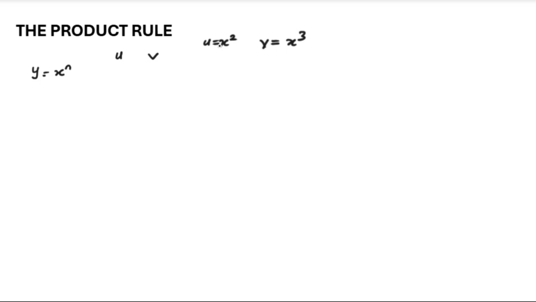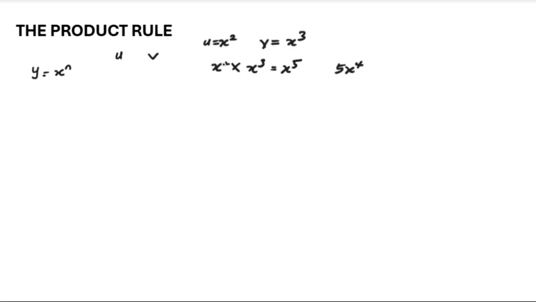So the product of the function u and the function v will give us x squared times x raised to power 3. Because this is a very simple function, x squared times x raised to power 3 is going to give us x raised to power 5, which means if we differentiate x raised to power 5, that's supposed to give you 5x raised to power 4.